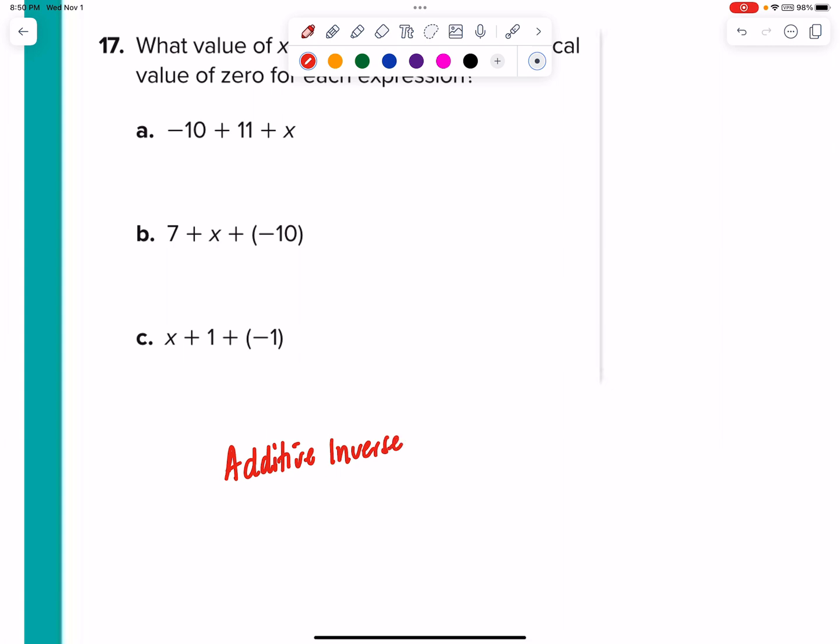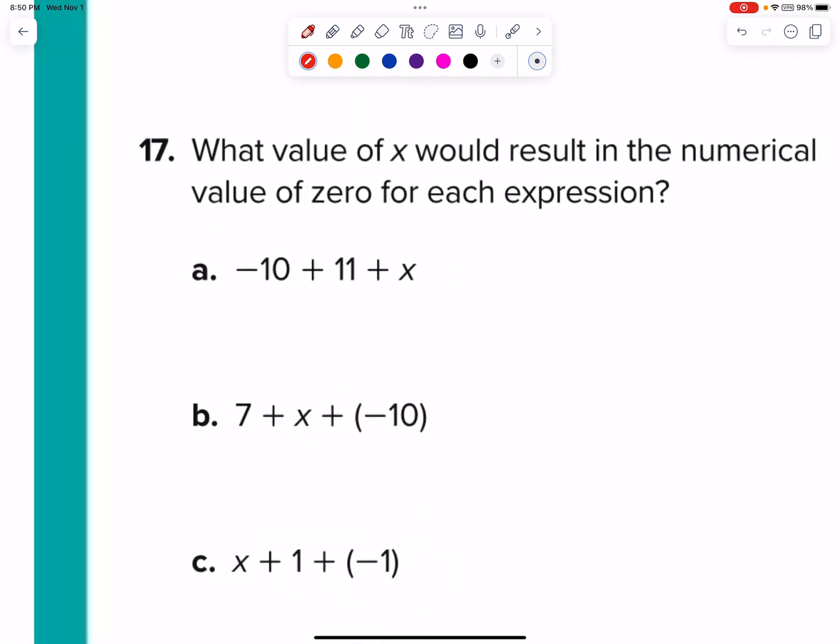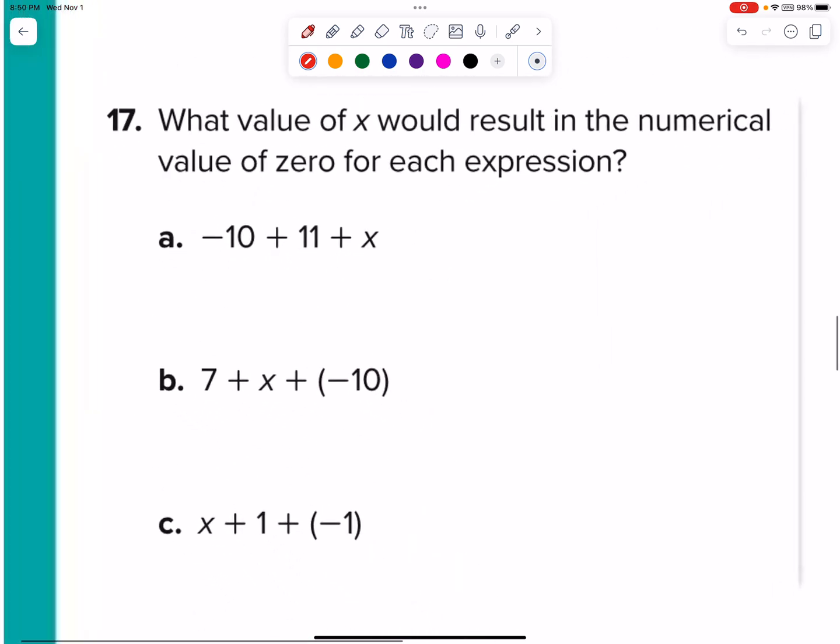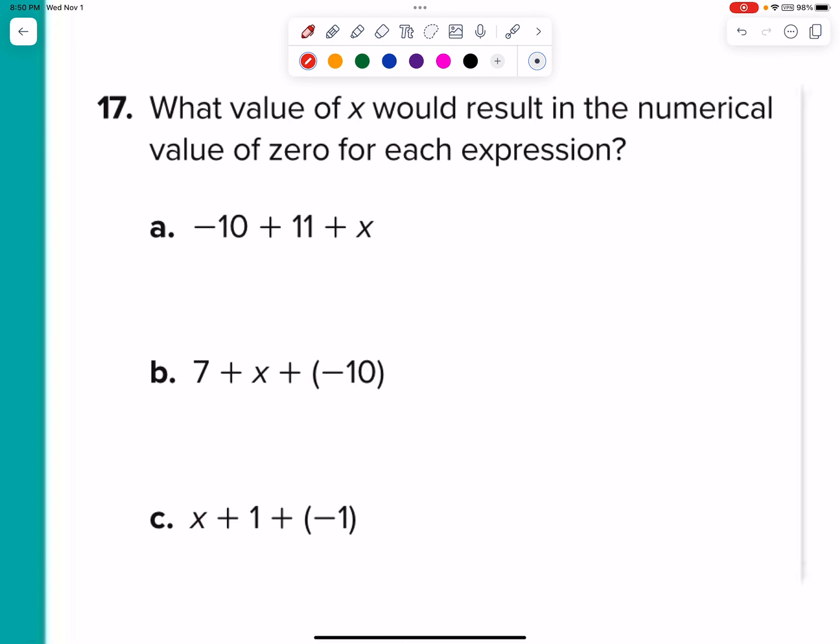The additive inverse was this understanding that a 4 going with a negative 4 automatically equals 0. Okay, it's their opposites basically. So what I want you to do is use that information to think about A, B, and C here. I want you to be thinking at a little bit deeper level.